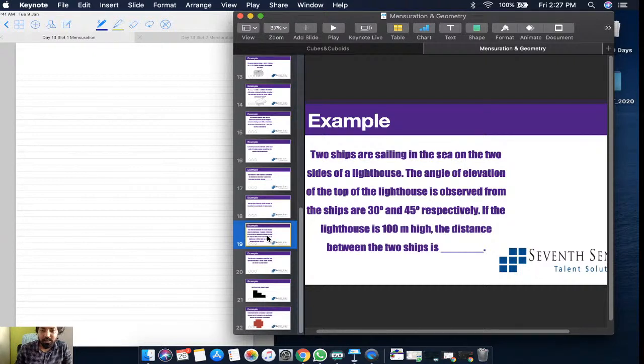Two ships are sailing in the sea on the two sides of the lighthouse. There's a lighthouse. Let's say we put a beacon, that's the lighthouse.